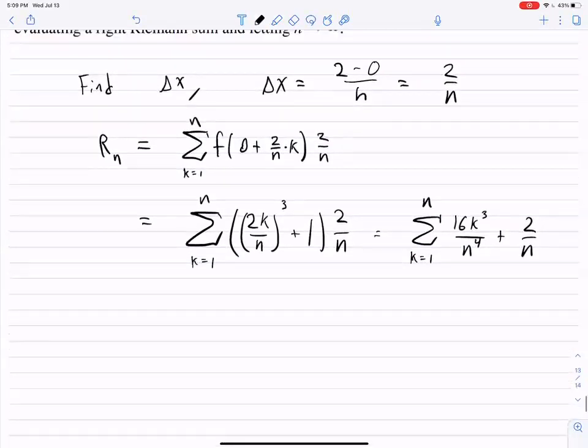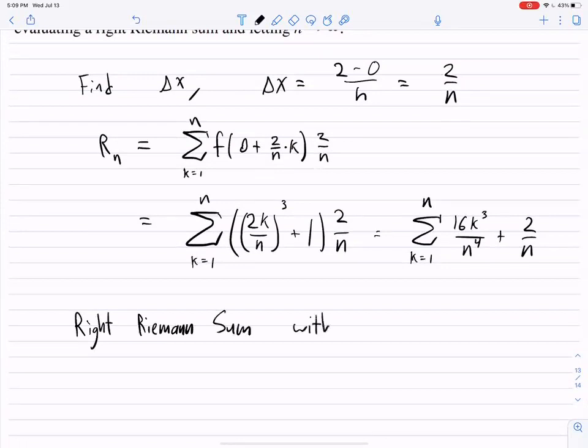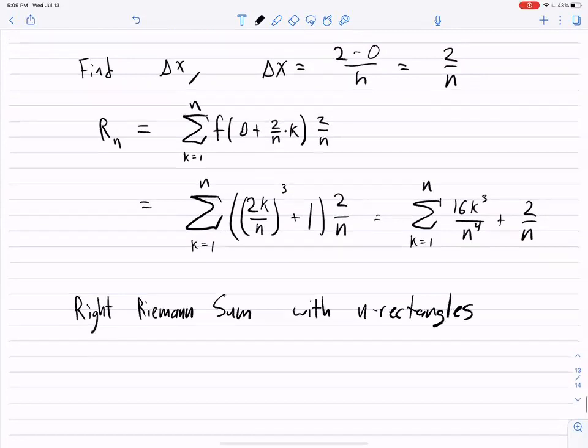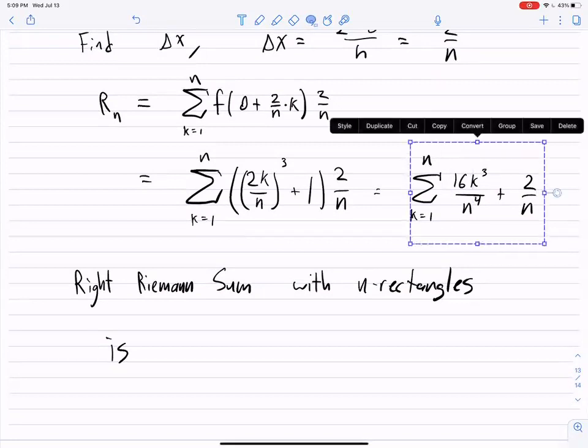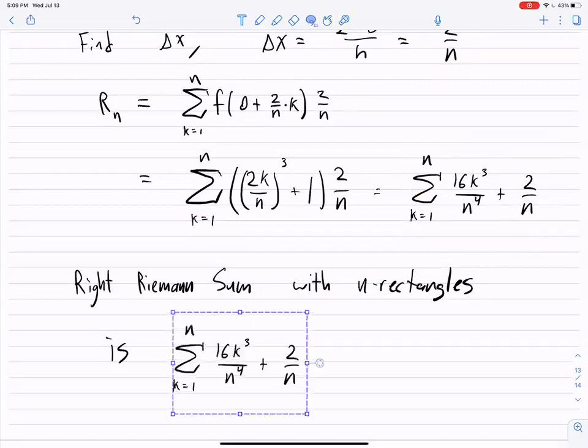So that's what R sub n is. So that's the right Riemann sum, the right hand Riemann sum with n rectangles. So that's what that is.